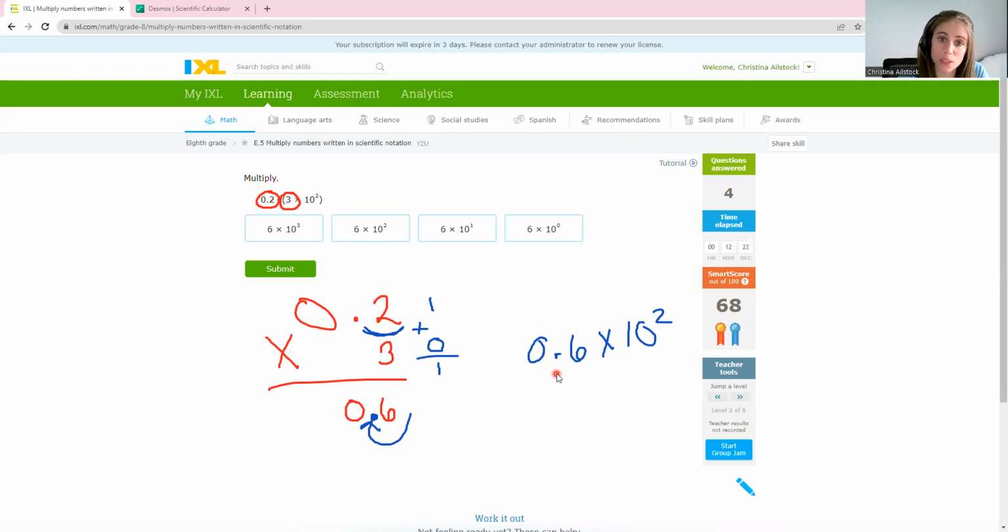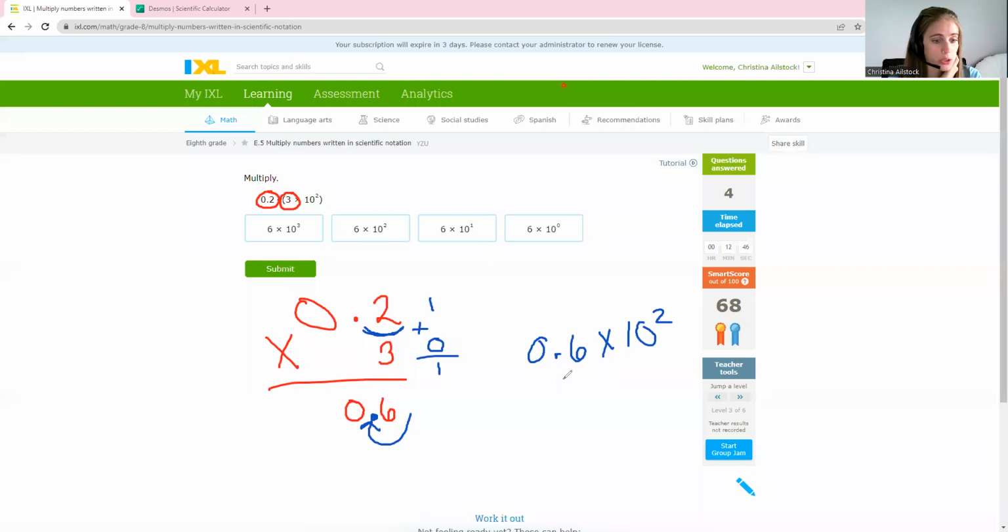It also has to be greater than or equal to 1. Is 6/10 greater than or equal to 1? No, that means, once again, I gotta rework this, so I need to move that decimal point so I can write this in proper scientific notation and have my answer.